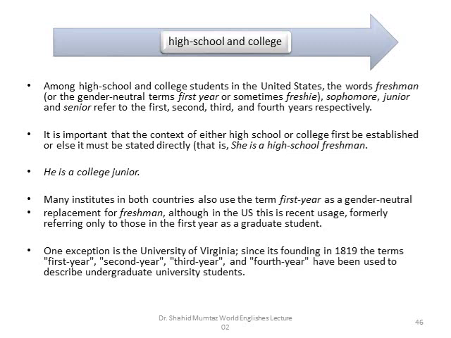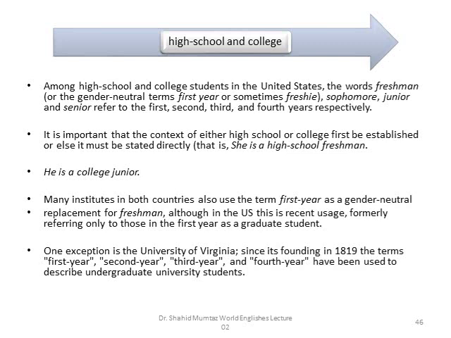Many institutes in both countries also use the term first year as a gender neutral replacement for freshmen, although in the US this is recent usage, formally referring only to those in the first year as graduate students. One exception is the University of Virginia.